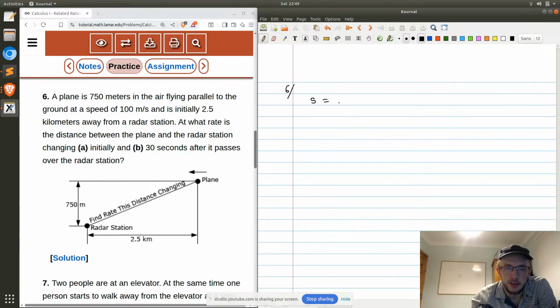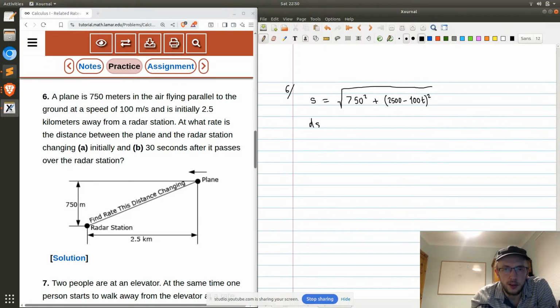First, just establish that S will be the square root of this much squared plus, now be careful here because it's actually going to be 2,500 minus 100 times however many seconds have passed, squared, just like that.